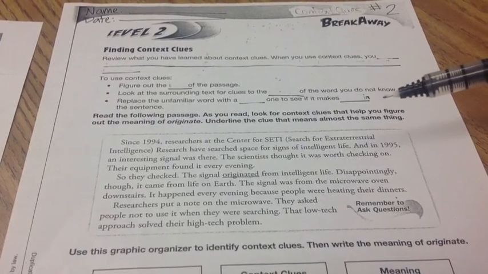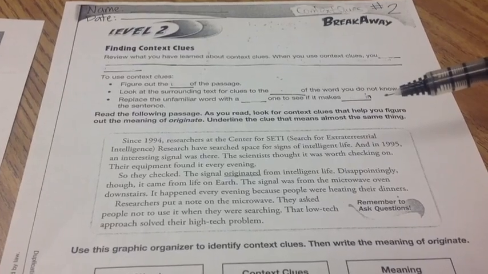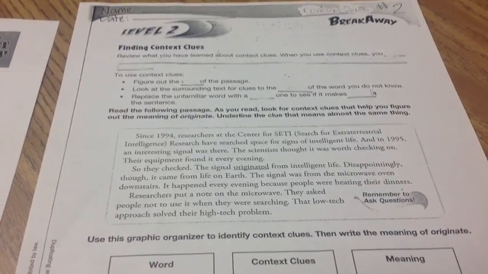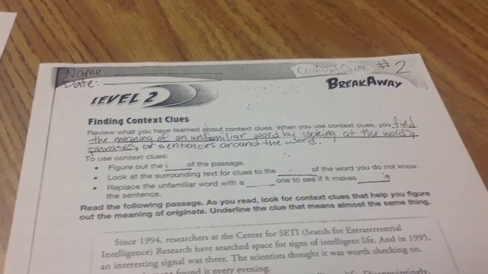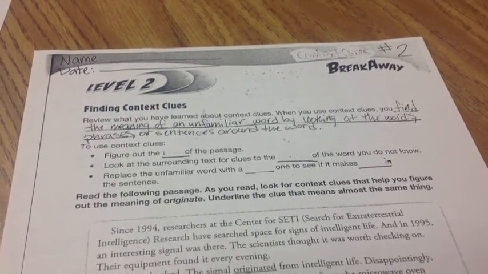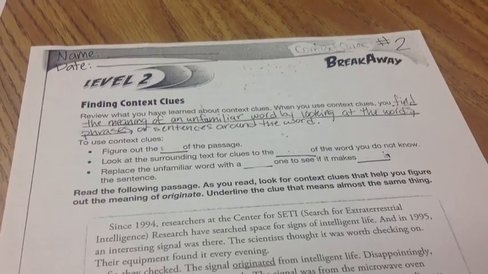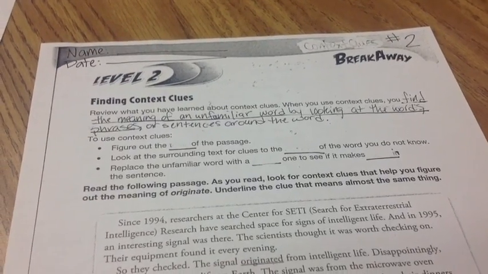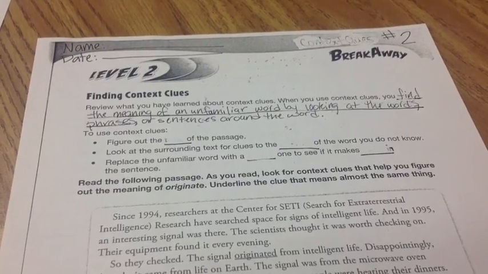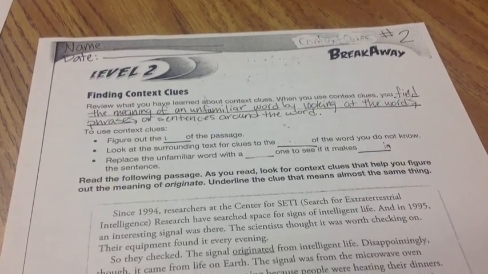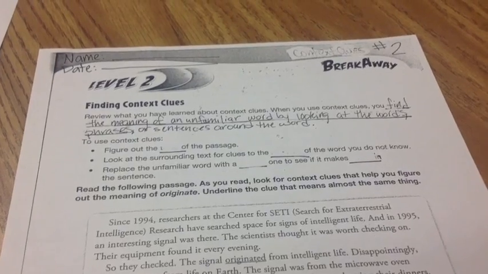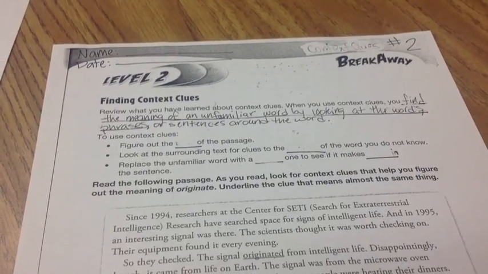Go ahead and think about that, and I'm going to give you a second to write down what you think, and then you can check it with the actual definition. Okay, the completion of that sentence is when you use context clues, you find the meaning of an unfamiliar word by looking at the words, phrases, or sentences around the word. Go ahead and make sure you have that definition of context clues written down before you move on. If you need to push pause, go ahead and do that now.